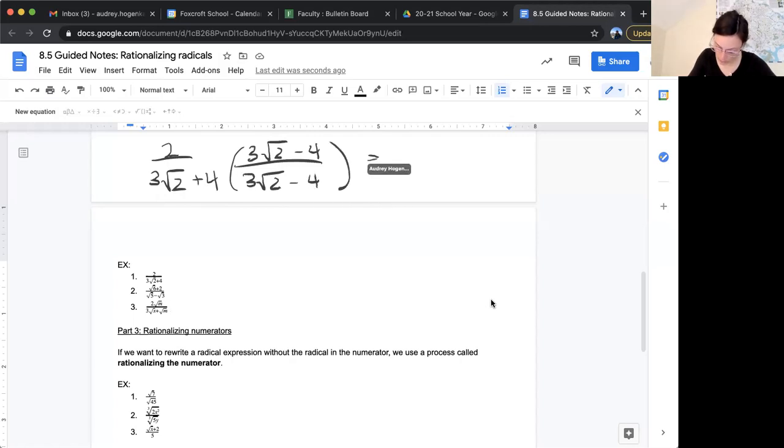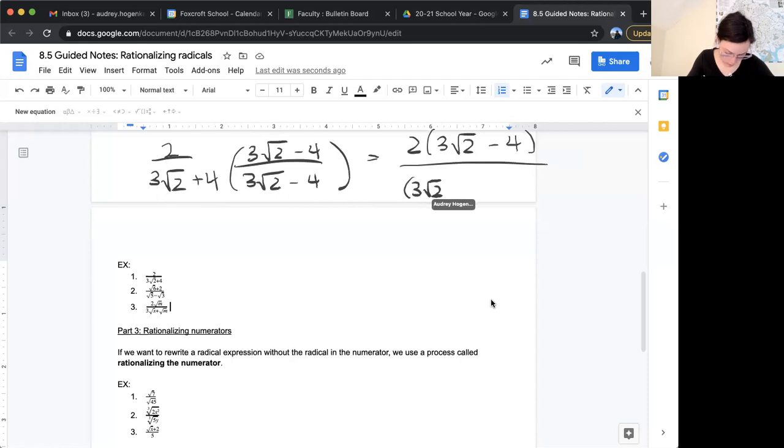And that would give me 2 times 3 square root of 2 minus 4 in my numerator, and in my denominator, 3 square root of 2 plus 4 times 3 square root of 2 minus 4, okay? And then in my numerator, I still have 2 times 3 square root of 2 minus 4.